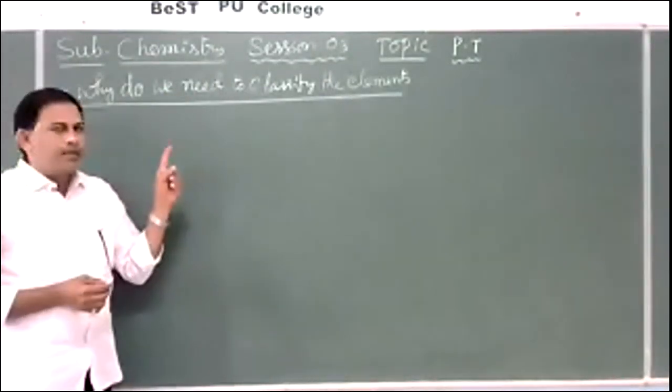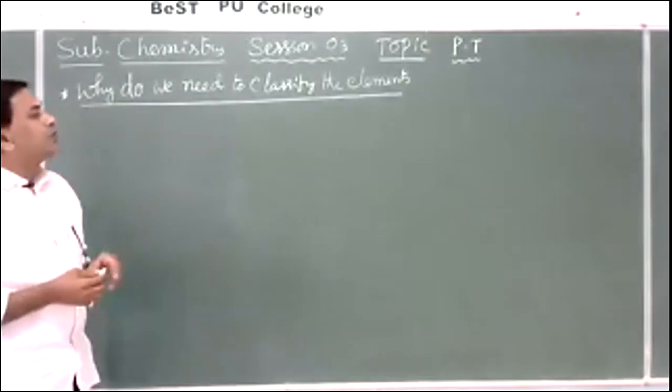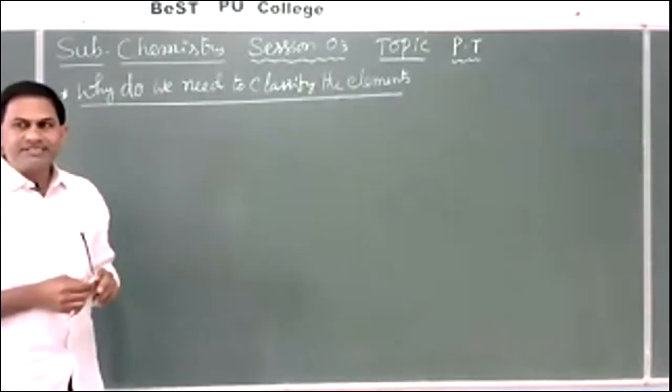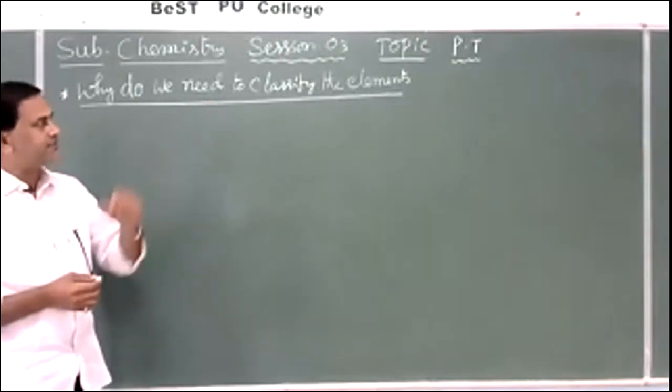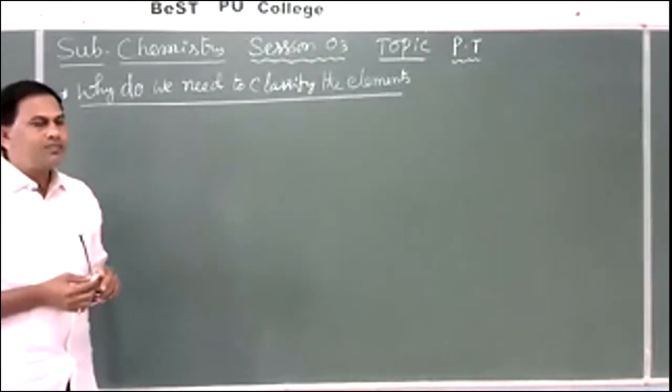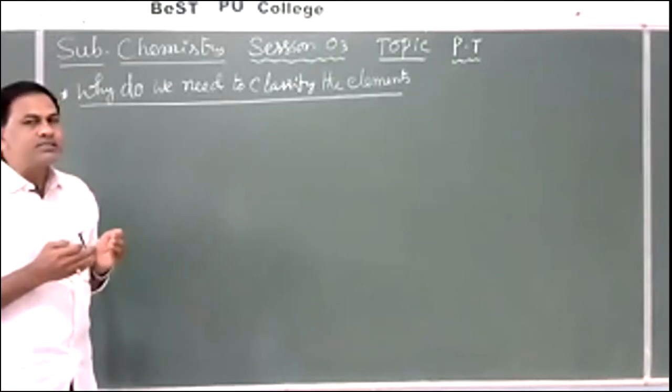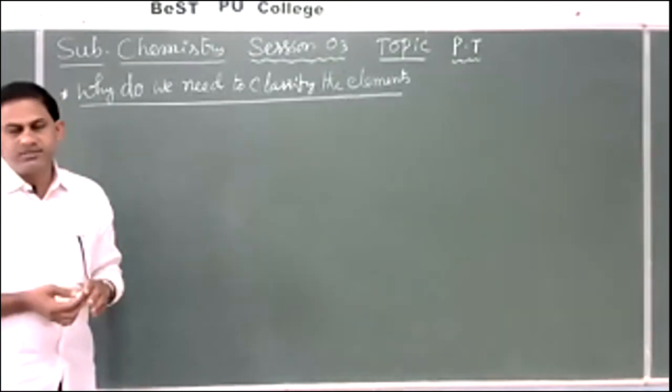Here, why do we need to classify the elements? The first concept in this chapter, the periodic table, is periodic classification of elements. What is the main necessity to classify the elements?